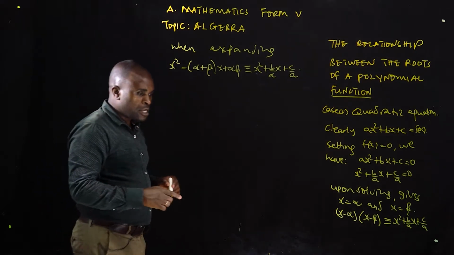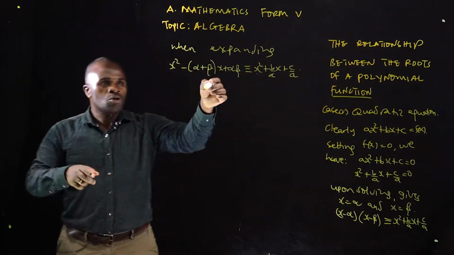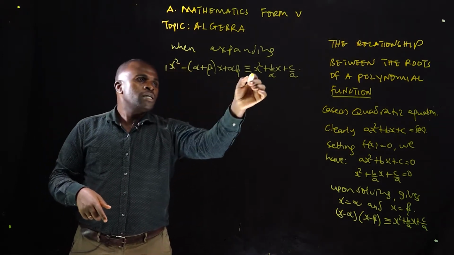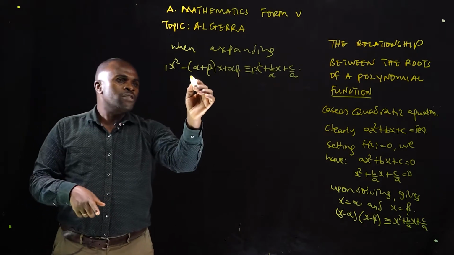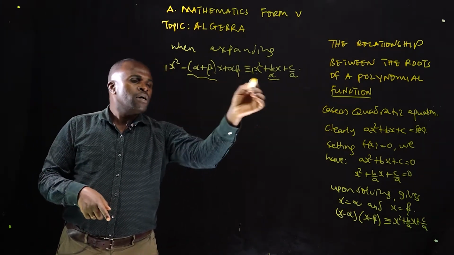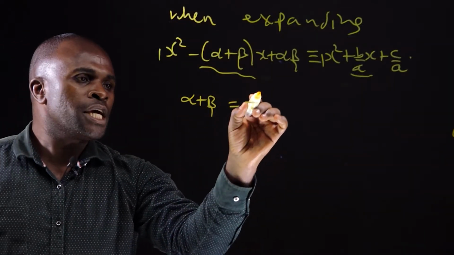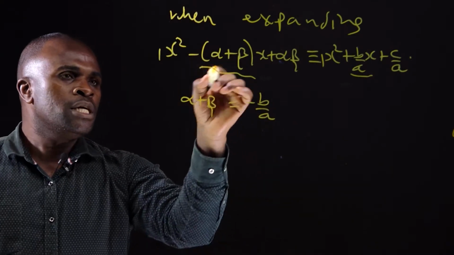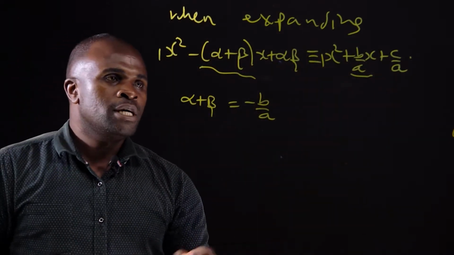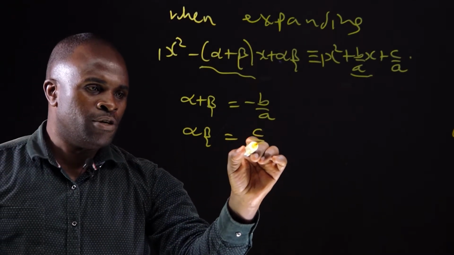If you compare corresponding coefficients, you can see the coefficient here is 1, as well as here is 1. But taking the coefficient of x, we will have alpha plus beta giving negative b over a, upon taking the negative to the other side after comparing. And then we will have alpha times beta giving c over a.